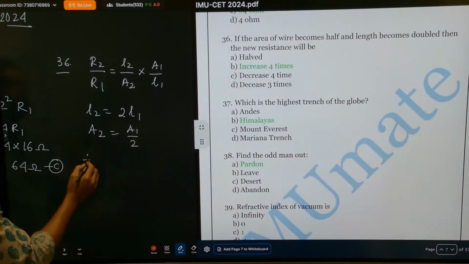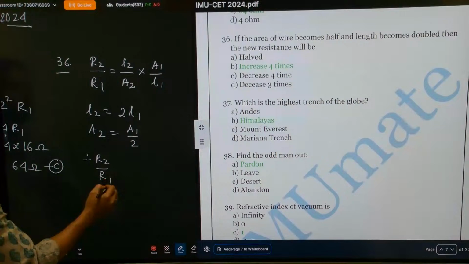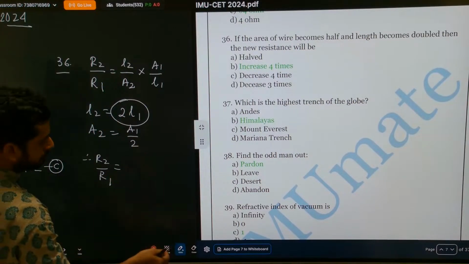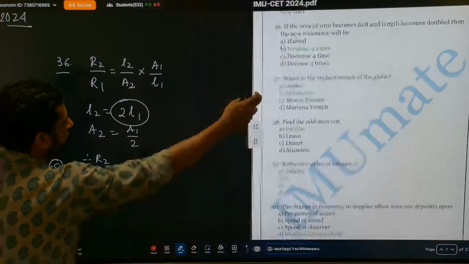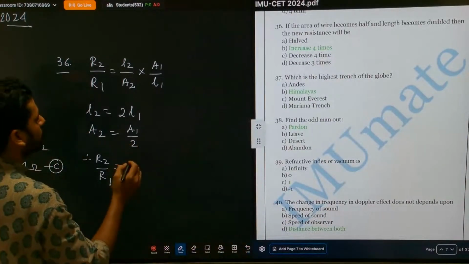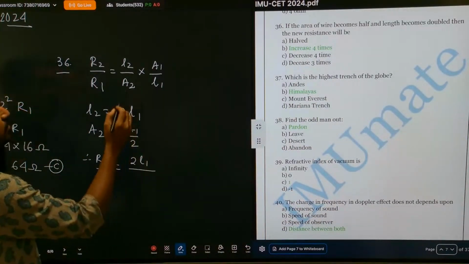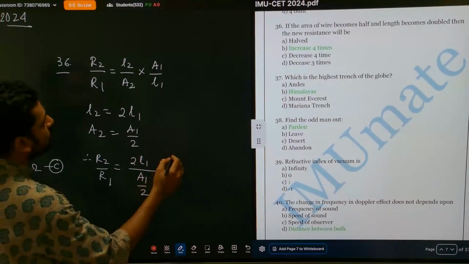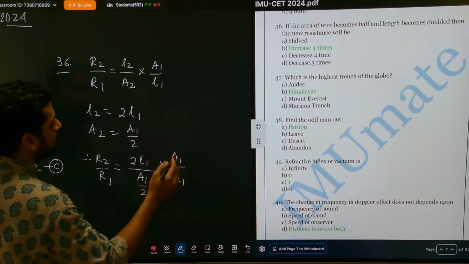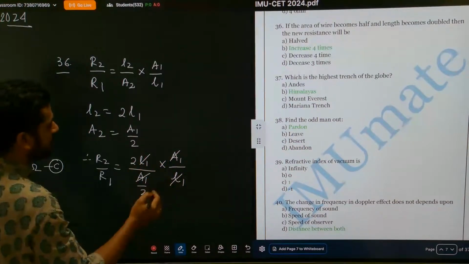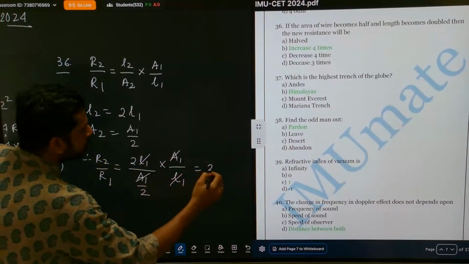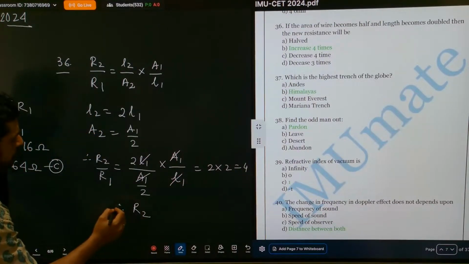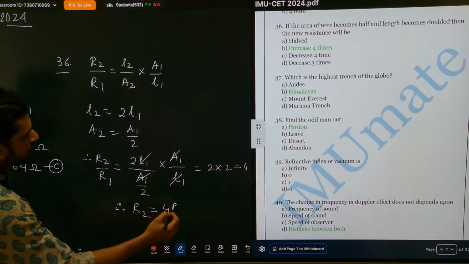R2 by R1 would be 2L1 by A1 by 2, times A1 by L1. All will cancel out, 2 will go up, you get 4. So R2 would be 4 times R1.